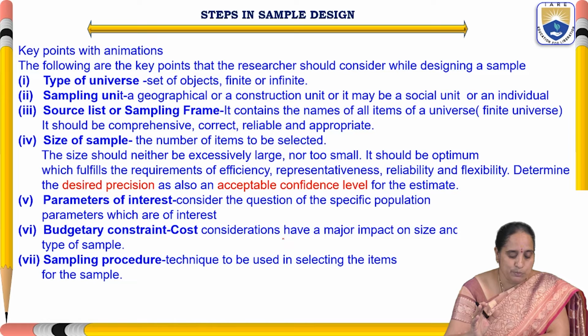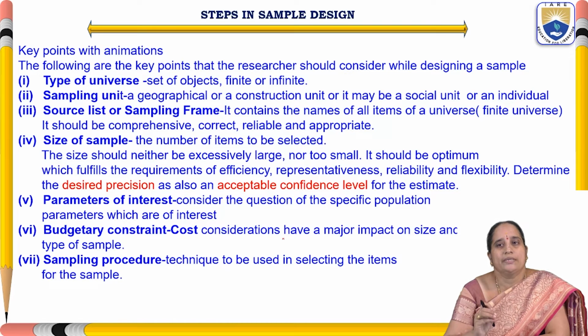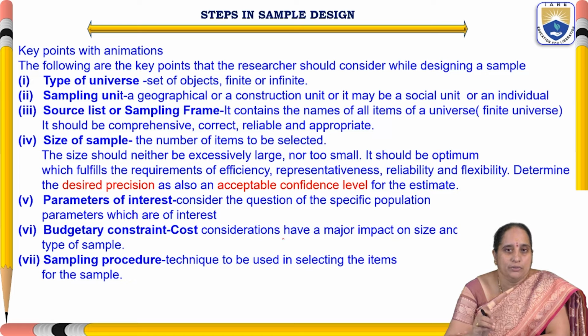Then the next one is parameters of interest. Parameters of interest means what exactly you want to study. What is the purpose of selecting a particular sample from the universe? There should be some specific population you are going to consider and the type of interest they have. Based on that, we adopt a sample.